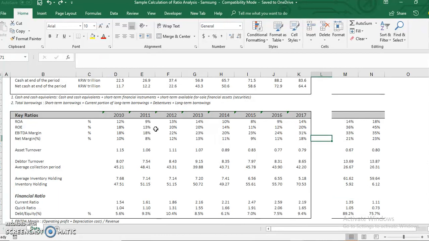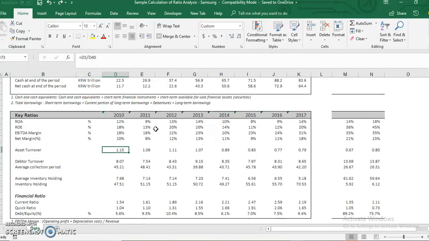Next, we can look at EBITDA, earnings before interest and taxation. Both the companies have almost the same. It's not really a lot of different if you compare 2017 and there. Net profit margin also is not significantly different. Asset turnover is a bit low in the case of Apple, which is deteriorating here.